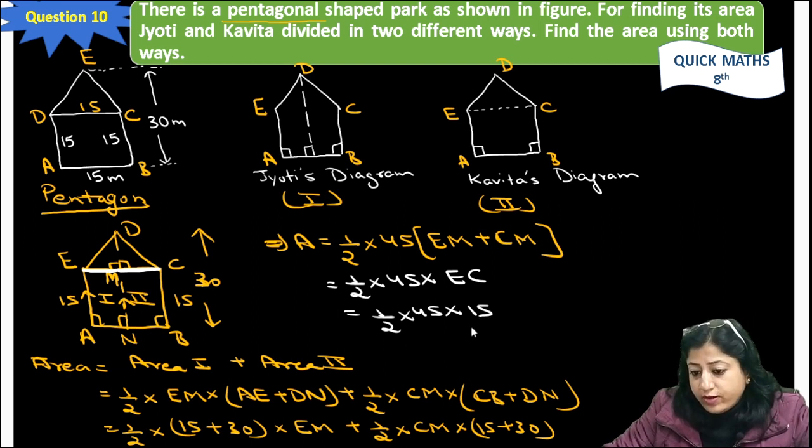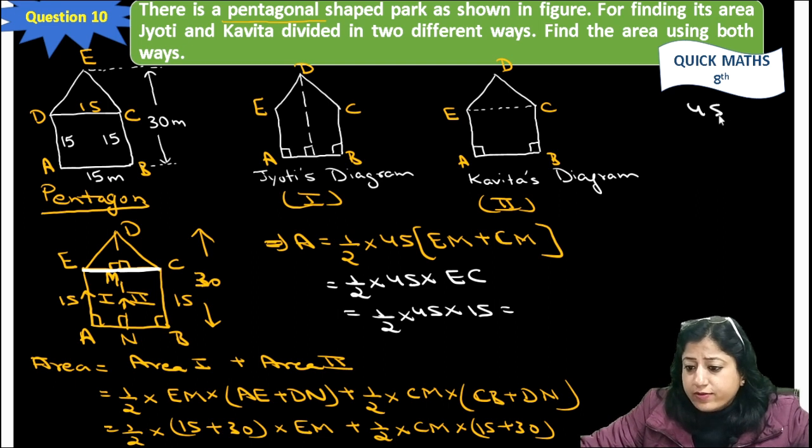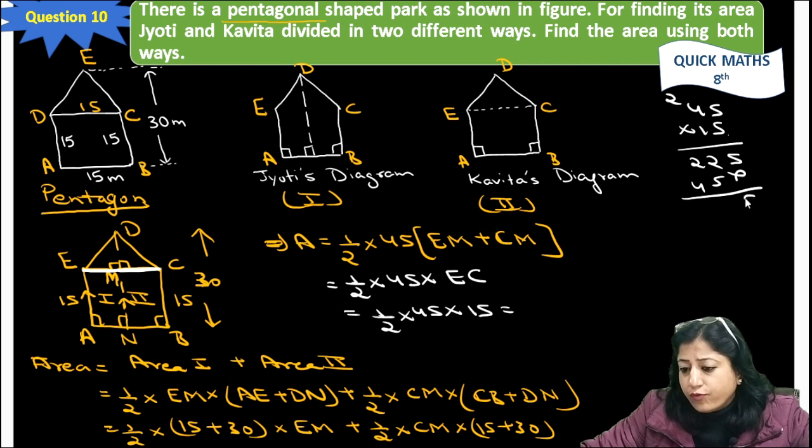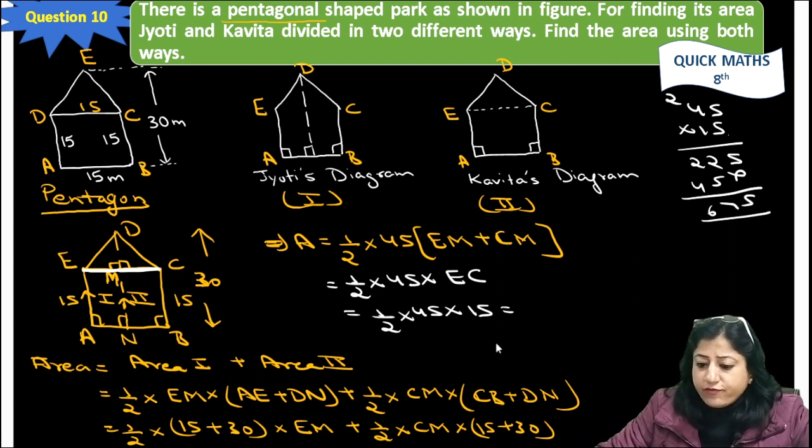We can calculate it here. 45 multiplied by 15 is 675.